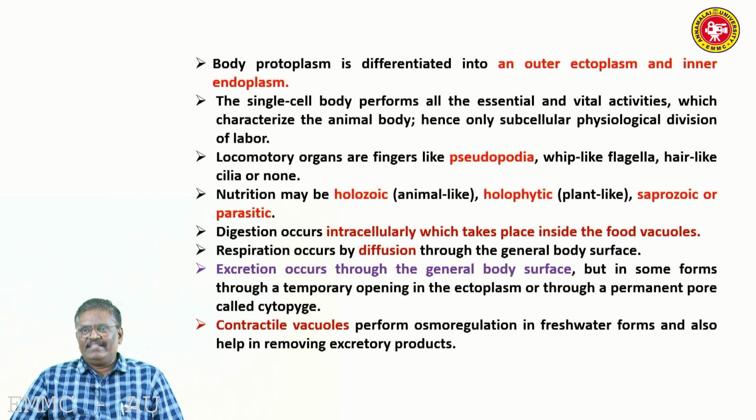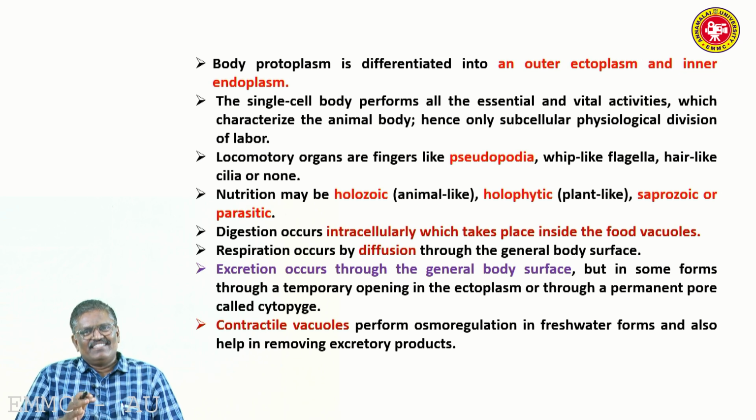There is no respiratory system because it is an invertebrate animal, but system-like things are there. Respiration occurs only by diffusion through the general body surface, and there is no excretory organ.